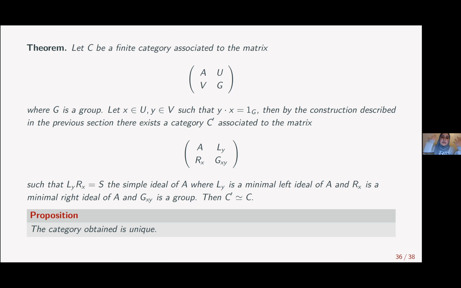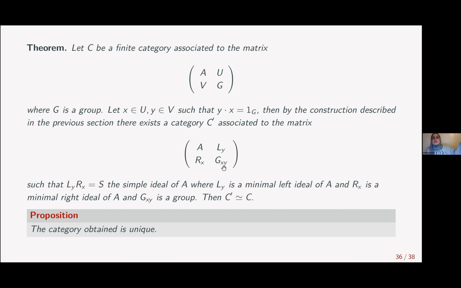But because I have a simple semigroup and I have a monoid that has a simple semigroup and left ideals and minimal ideals that are like this, LY and RX, obtained by U and V, I could construct a category C prime associated to this matrix A, LY, RX, GXY.